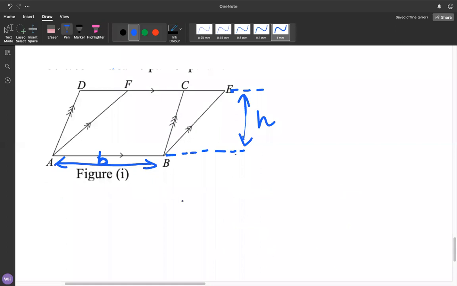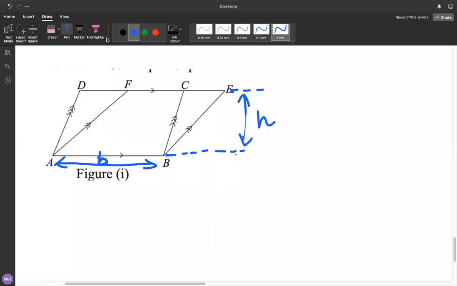And then if you consider the area of the other parallelogram, area of ABEF, it is also equal to the base times the perpendicular height, no? So the base is nothing but AB and the perpendicular height is simply h.